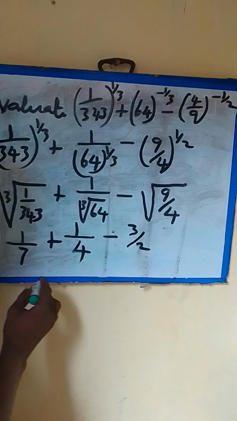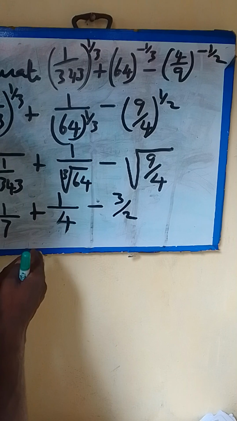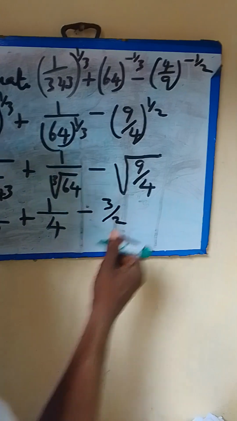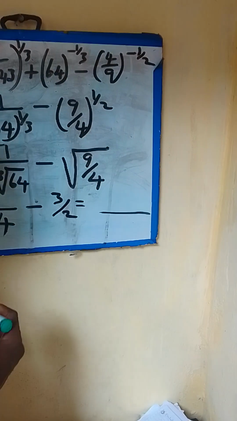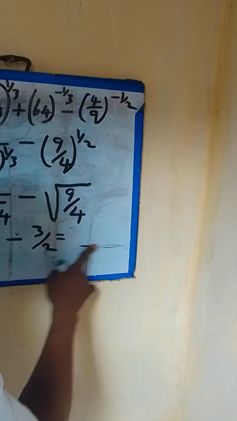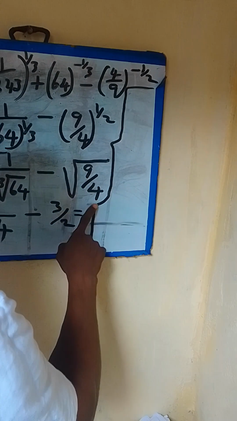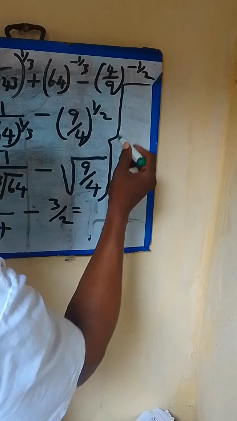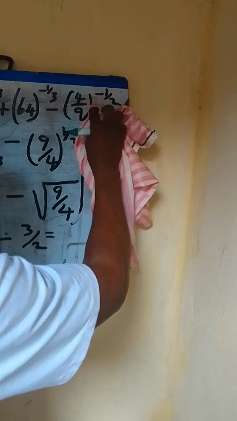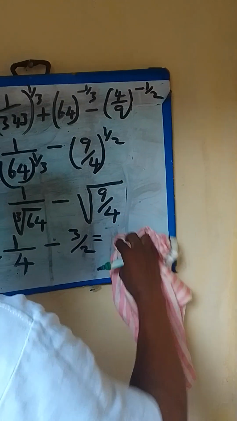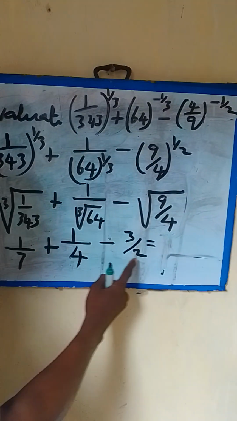So in this case, since we are adding fractions, you look for the LCM. Like we are told, the LCM is being determined by the denominator. So the LCM here is determined by the denominators 7, 4, and 2.